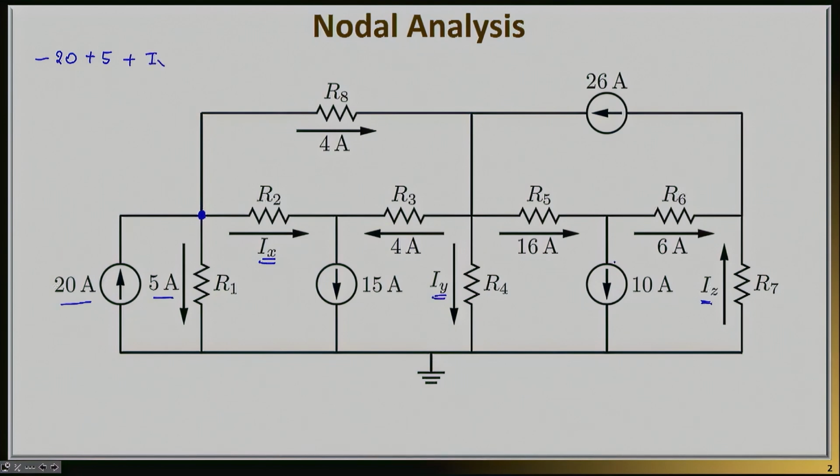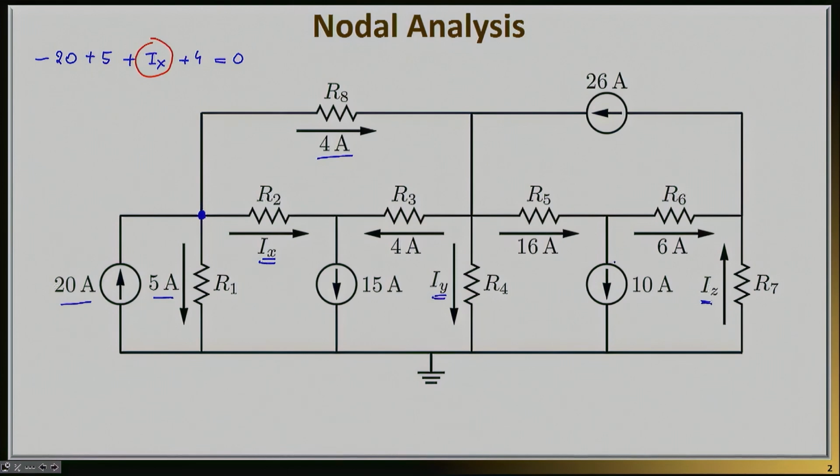Plus Ix, which is the unknown current that flows out of the node. Plus 4 is equal to 0. 4 is the current that goes through R8 up from that node. So this is a very simple equation. It basically allows you to find Ix immediately, and therefore the job is rather easy.